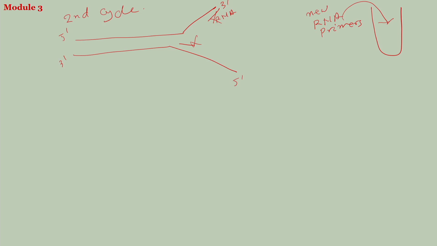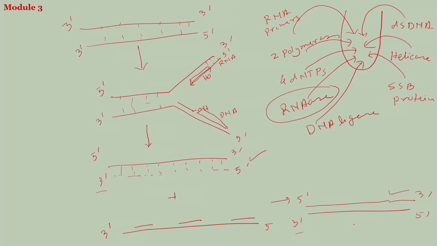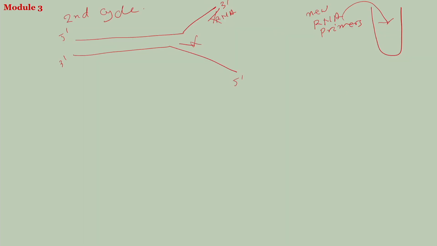Second problem is, you see you have synthesized one new strand, these 2 new strands there. So, you have some copies of DNA already in your solution. You can write it this way, that you have a double stranded DNA 5 prime to 3 prime, 3 prime to 5 prime, and here you have again some copies, maybe the same, 5 prime 3 prime, 3 prime 5 prime, some copies are floating around in your solution, and you have DNA ligase there.